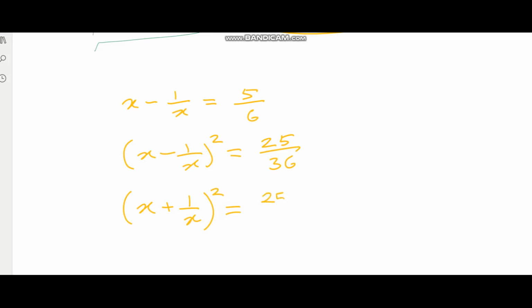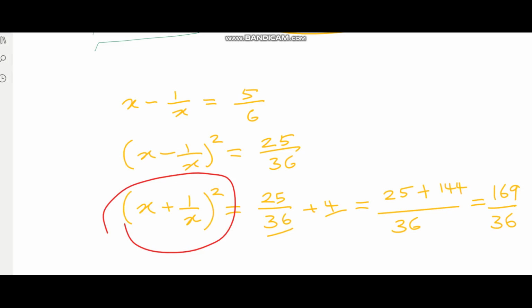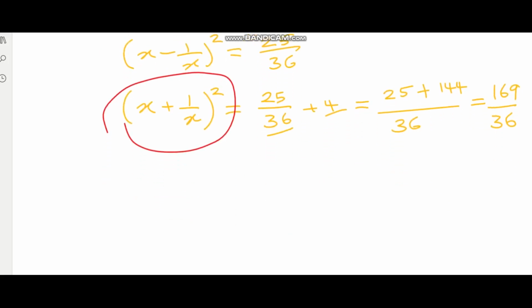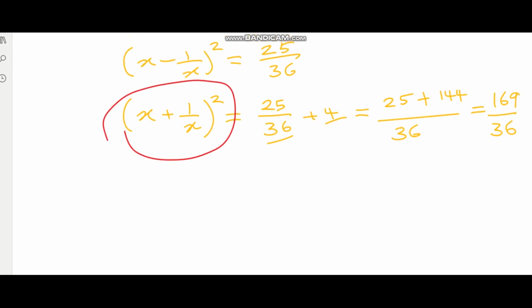That is 25 over 36 plus 4. 36 is a common denominator. 25 plus 36 times 4, which is 144. So that gives 169 over 36. And that is x plus 1 over x squared. So to find x plus 1 over x, we take the square root. So x plus 1 over x is 13 over 6 when you take the square root of that one.